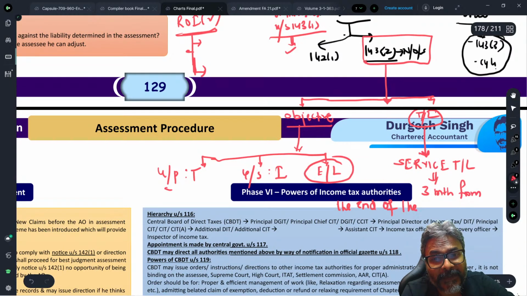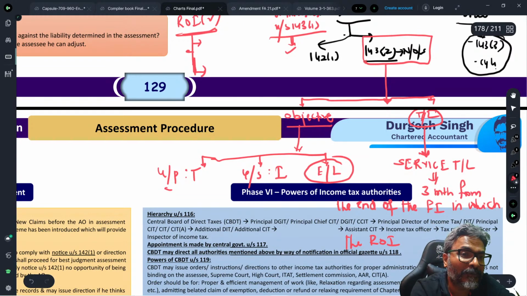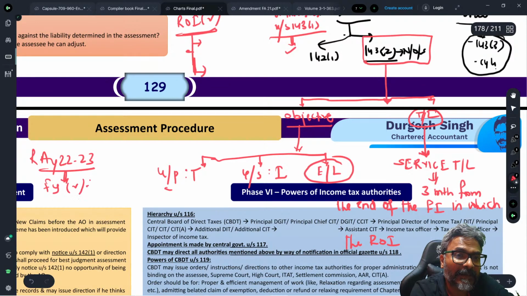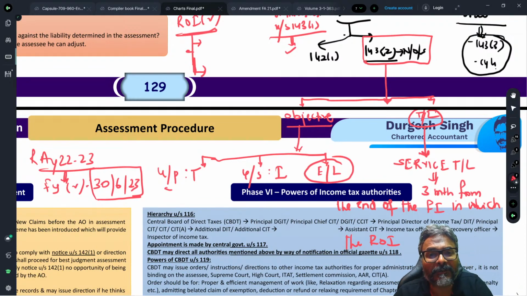So if the ROI we are talking about is for the relevant assessment year 22-23, then the financial year is the same financial year, and therefore I can serve the notice of scrutiny. The latest date is 30th of June 2023. The last date of service of the notice of scrutiny will then be 30th of June 2023.